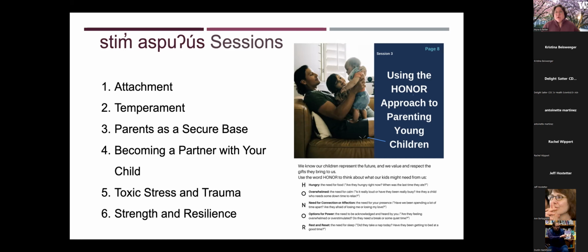And so this on the right-hand side is an example from the parent guide that we make available to parents in the sessions, and to kind of understand what are some of those needs that children are having.